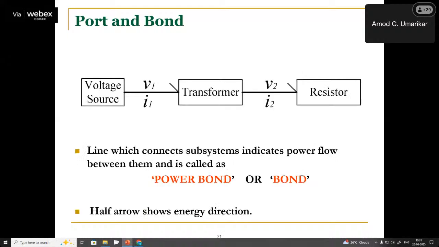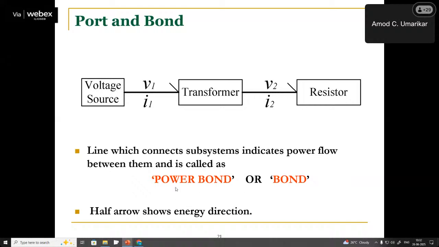Now, if we want to represent this in a different manner, we say voltage source, transformer and resistor. Then there is a line with a half arrow. Similarly, after the transformer there is a line with a half arrow, where the first arrow has V1 and I1 variables associated, and the second arrow has V2 and I2 variables associated. So the line which connects subsystems indicates power flow between them and is called a power bond, or bond.